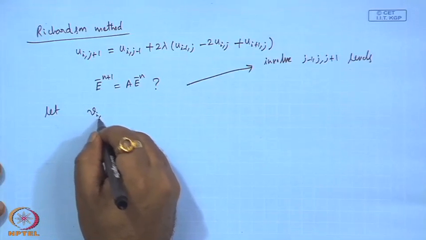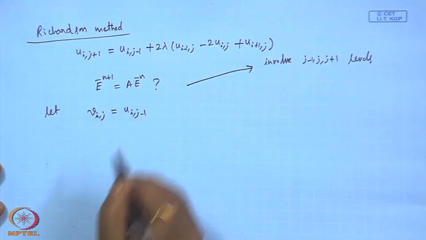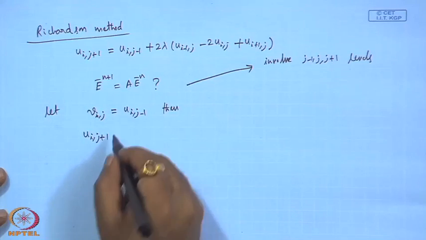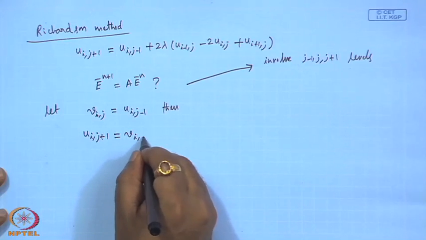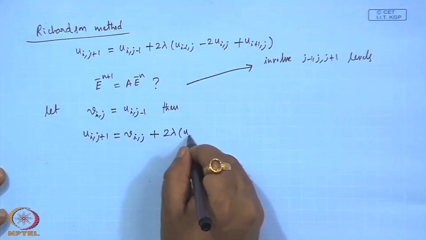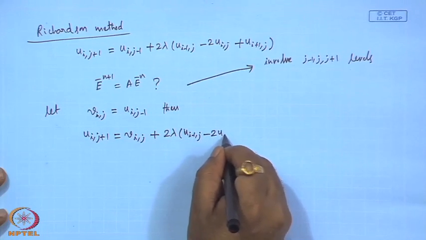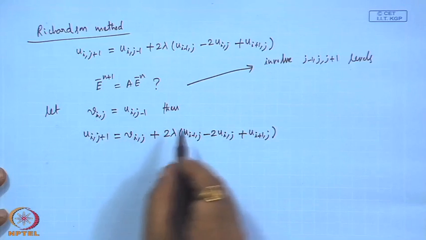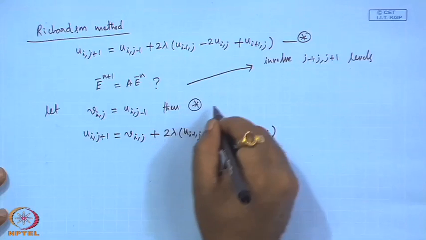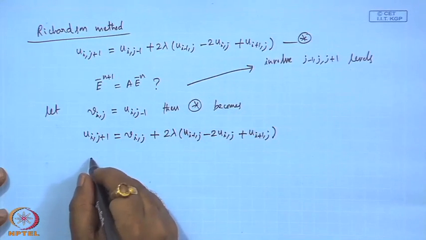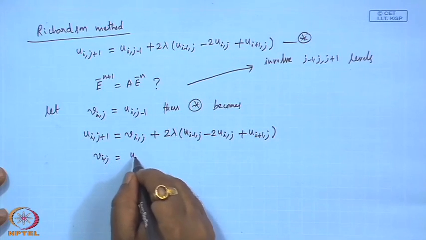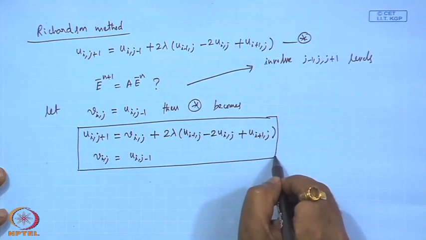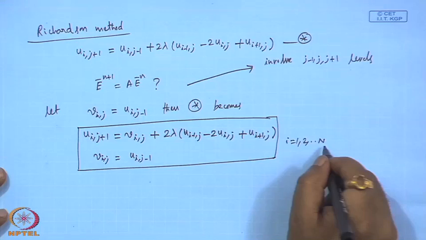Let V i j be u i j minus 1, then u i j plus 1, then the above equation becomes V i j, and of course, then star becomes this, together with this.